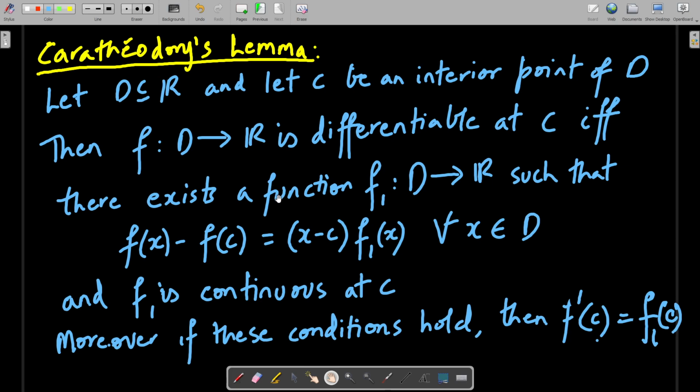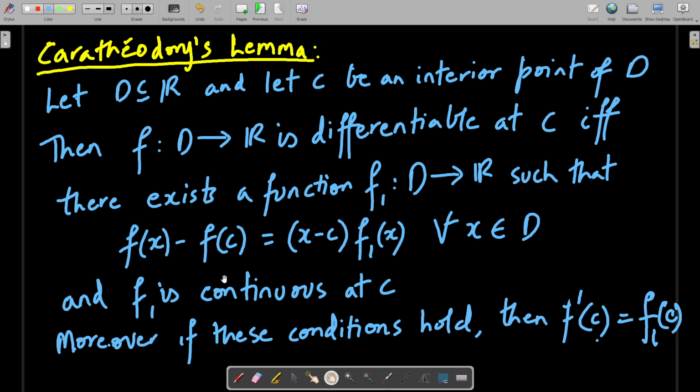So what it says is that a function is differentiable if and only if you can find a continuous function f1 such that f of x minus f of c equals x minus c into f1 of x. It is not so difficult to see why the result is true.